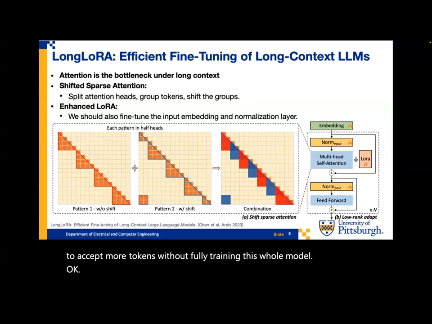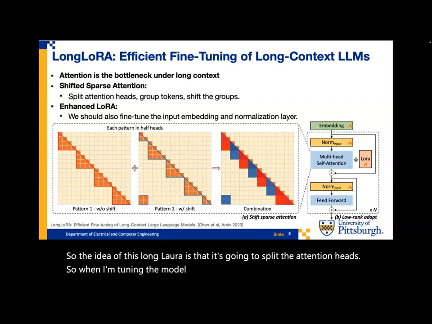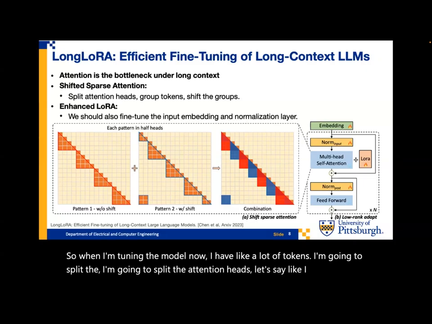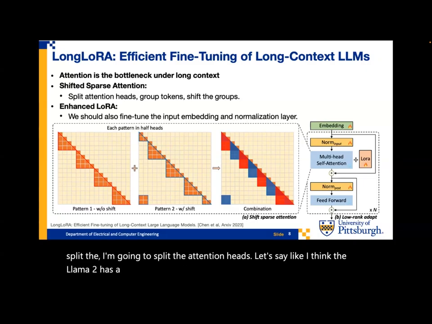So the idea of this LongLoRA is that it's going to split the attention heads. When I'm tuning the model, now I have a lot of tokens. Let's say Llama 2 has 64 attention heads. So I'm going to split into 32 and 32.